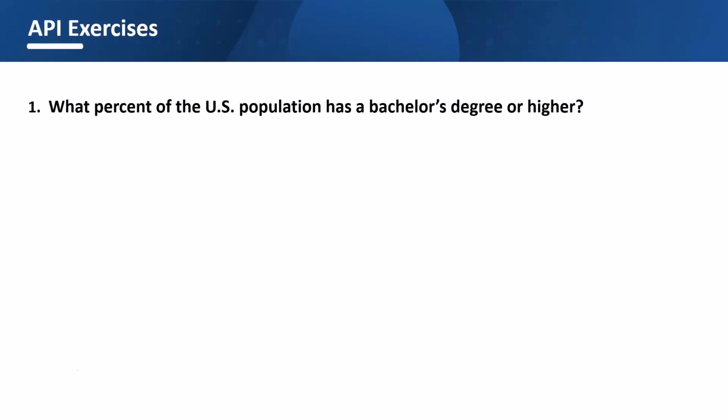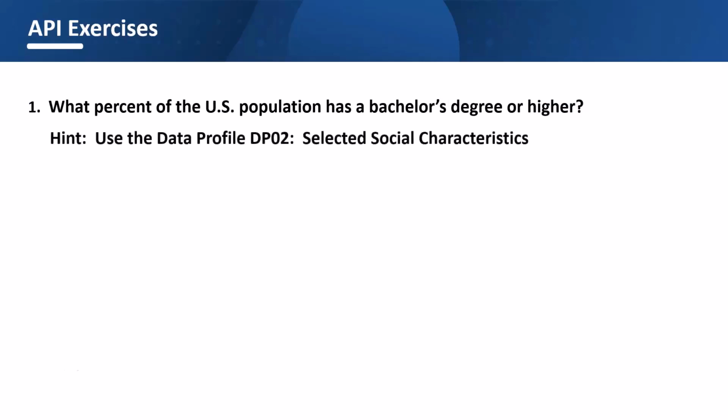And I'll give you a hint. You want to use the data profile DP02, selected social characteristics. It doesn't matter if you use the 1 year or the 5 year. So I'm going to go ahead and give you a few minutes to get started doing that, and then I'll show you how to do that.